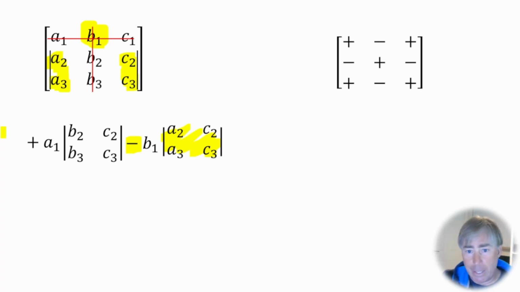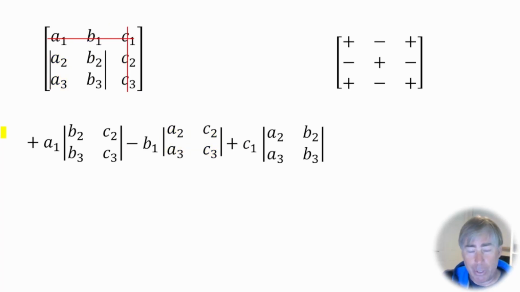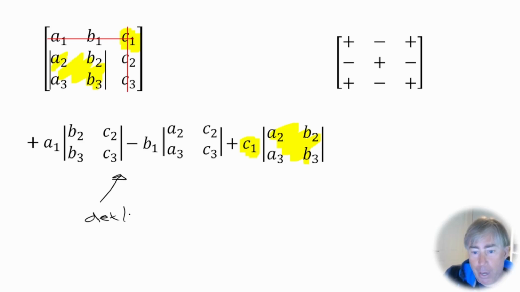And then finally, we're going to do the same. This time it's going to be the first row and third column. Again, we're multiplying by positive C1 and finding the minor determinant of the matrix A2, B2, A3, B3. And that will actually make up the entire determinant of our matrix M. So in fact, all of this entire calculation is our determinant of our matrix M that we started with.